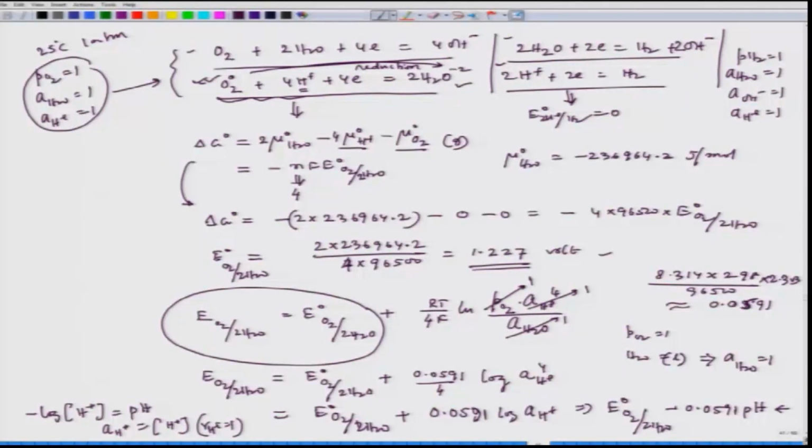Now, coming to the other reaction, O2 plus 2H2O plus 4e equal to 4OH minus, this is another reduction reaction.